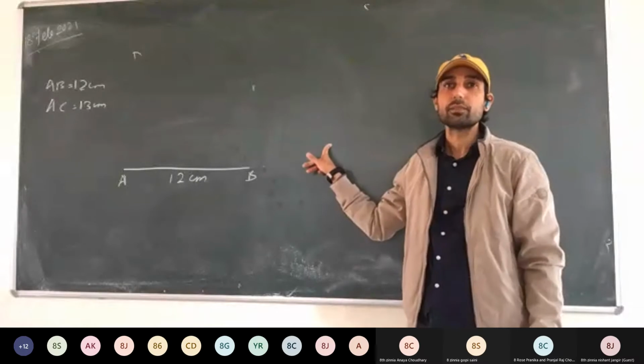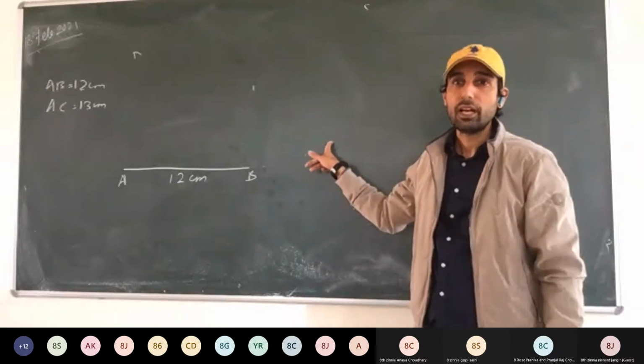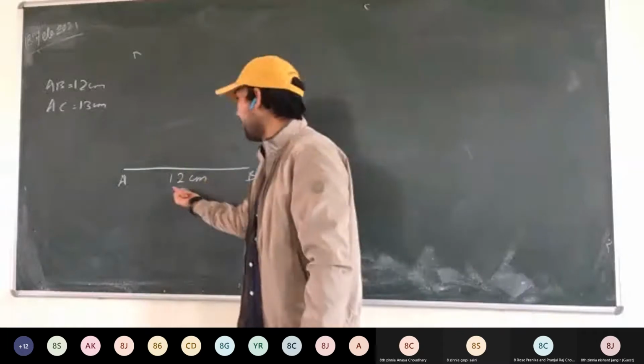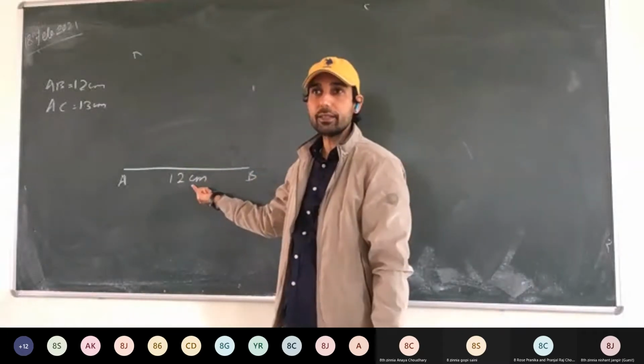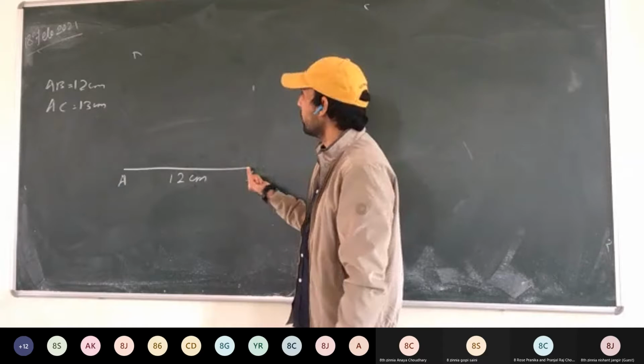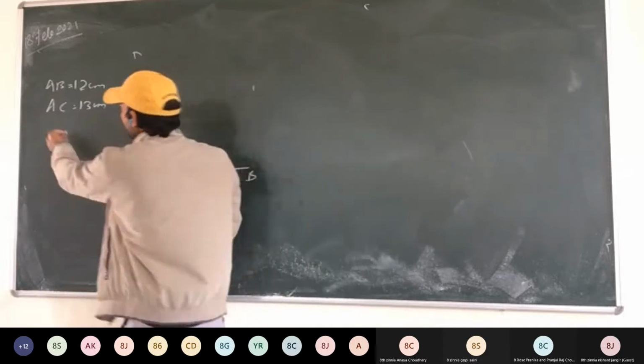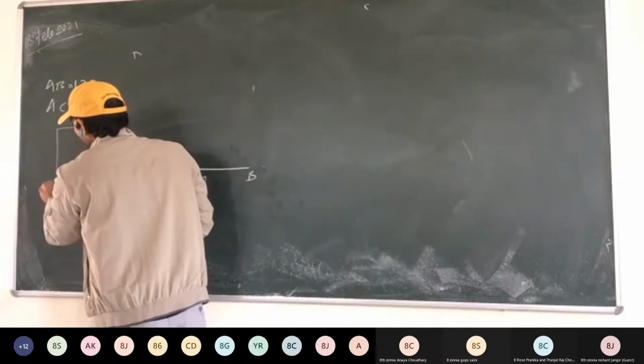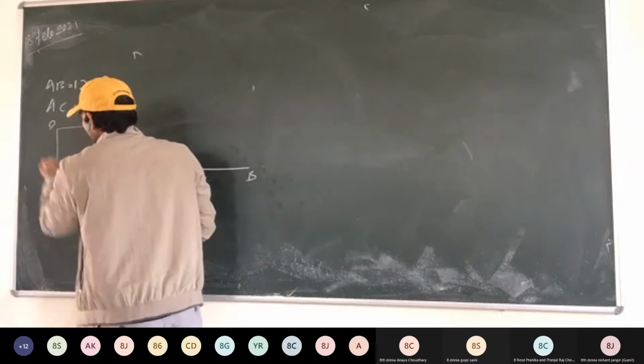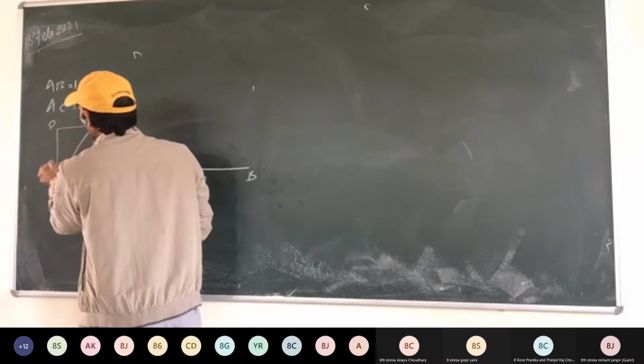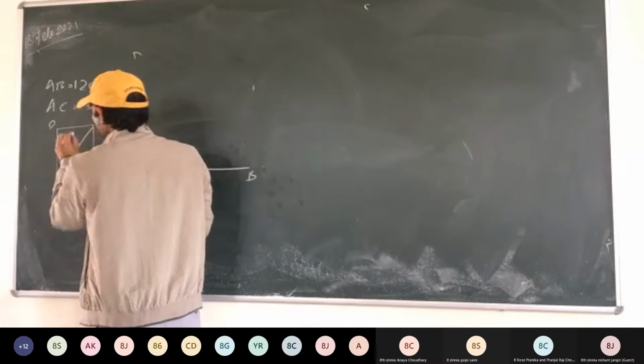Everyone look here once. AB we have drawn as a 12 centimeter line. Now AC is given. This AB is 12 centimeters. This AC is how much? 13 centimeters.